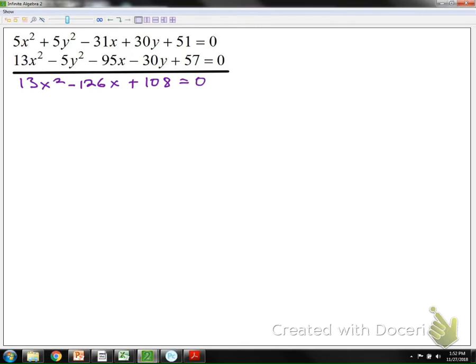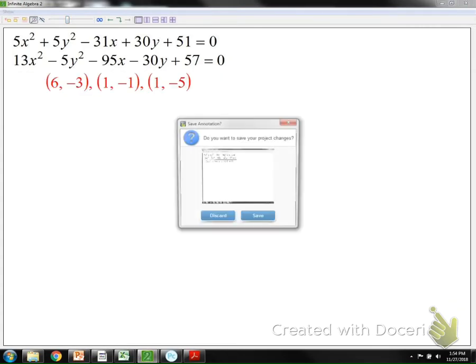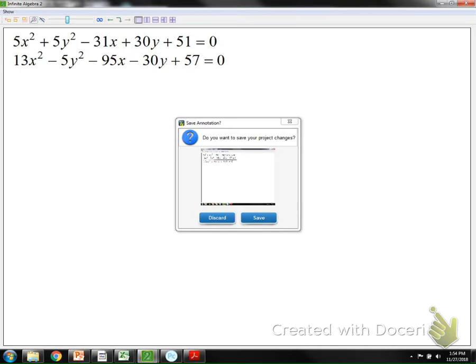All right, so 126 is not divisible by 13. Let me check one thing real quick here. Oh, wow, I made a mistake.